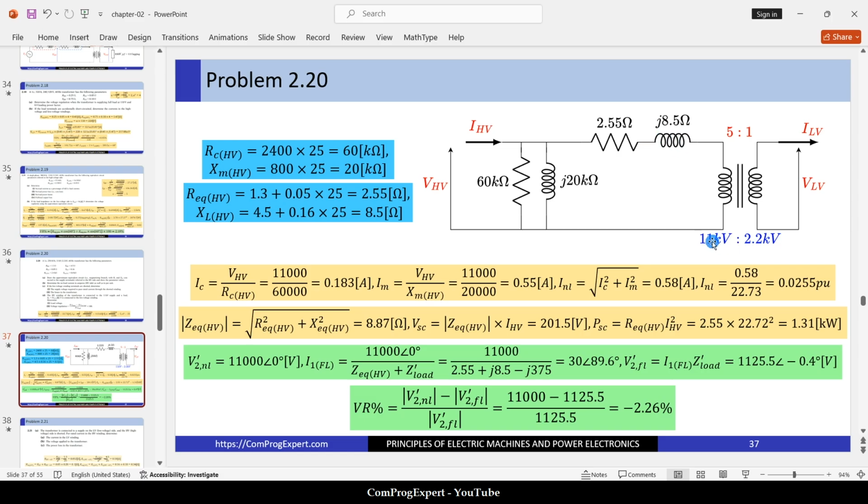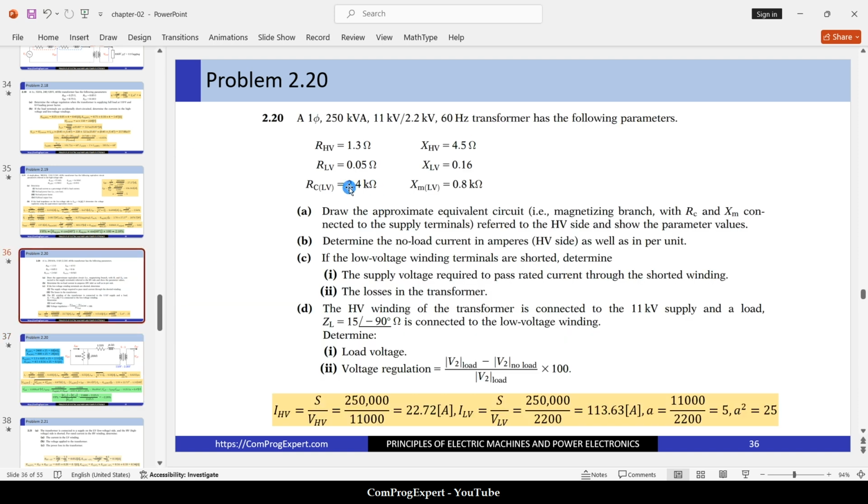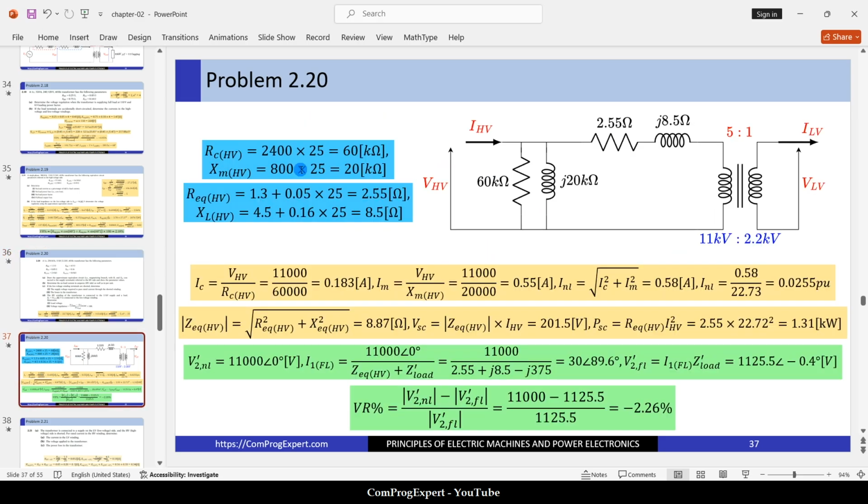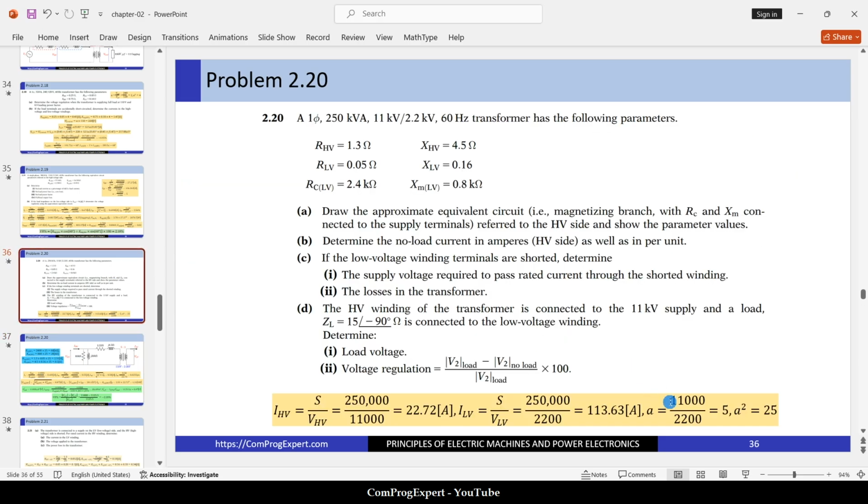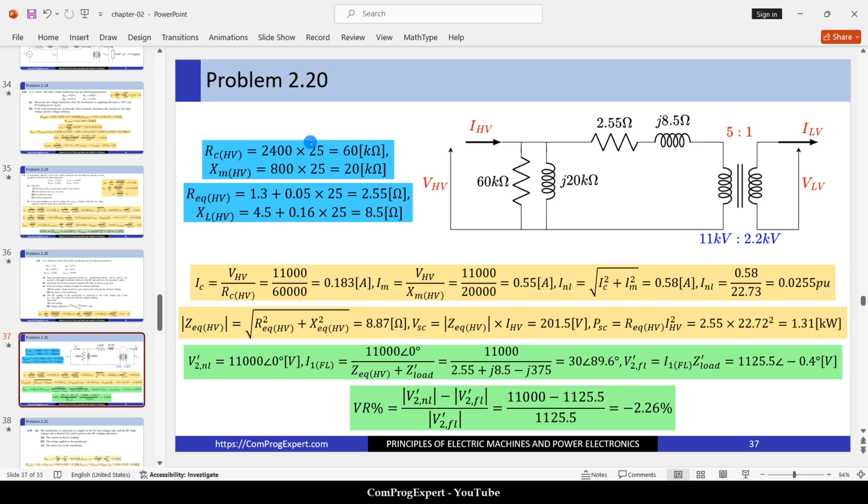The rated voltage turns ratio is 5 for this transformer. The equivalent core resistance is this one for the low voltage side times a to the power 2. Transformer turns ratio is 5, so a to the power 2 is 25. So you should multiply these two numbers by 25. This is 60 kilo ohm and this is 20 kilo ohm, the magnetizing reactance.